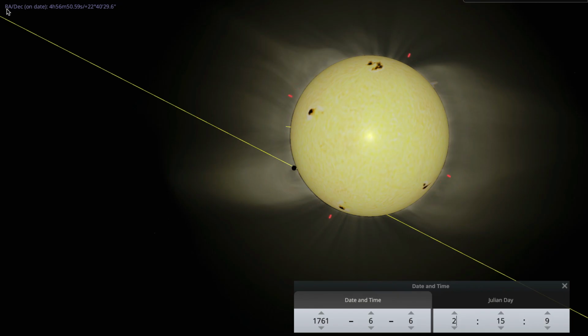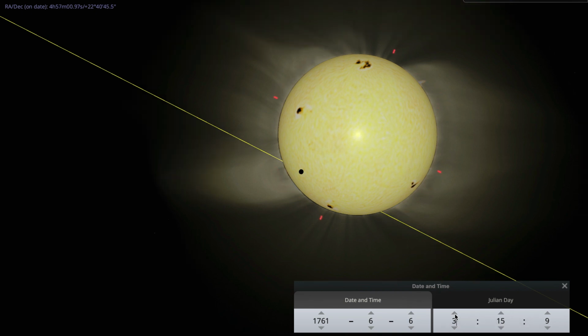Okay, now I've gotten rid of all the other information. This is just right ascension and declination. This is for the sun. And we'll step through this hour by hour, and we'll see the right ascension increase, and we'll see the declination increase, which means the sun is going up. 4 hours, 56 minutes, 50.59 seconds.